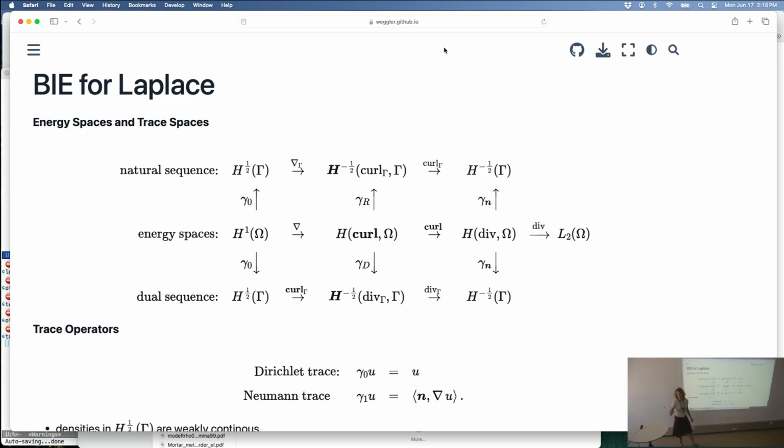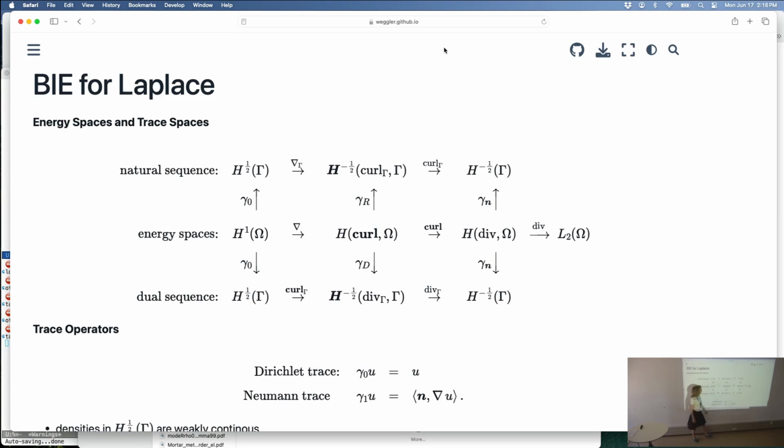That's also related to what you were talking about today. So everything that Michael was talking about comes here also because you need to understand those traces. Because the whole boundary element formulation works with those. And the other trace is the so-called dual trace. And it's important, once you do BEM, you play with both of those sequences.